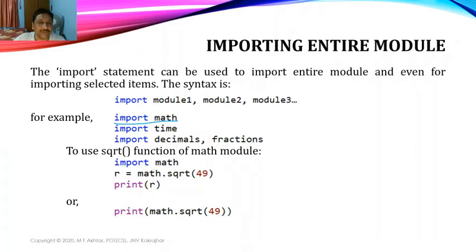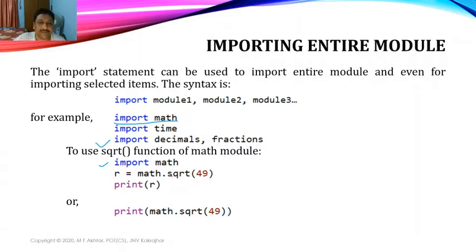How to use the square root function? Suppose we want to use the square root function of the math module. First we have to write the import math command, and then using this module we call math.sqrt, and within brackets we give a value, and then print r.